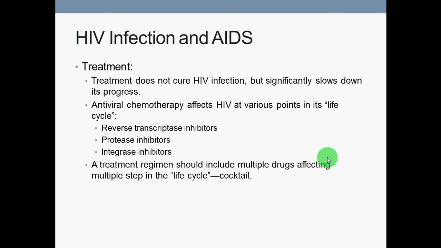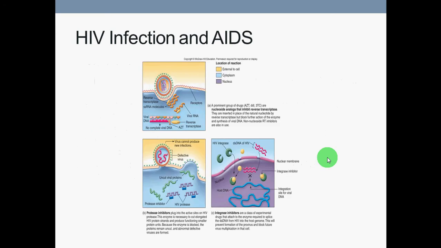But if you hit the virus with a drug from each of those three categories, it's incredibly rare, incredibly hard for that virus to mutate enough and survive long enough in order to become resistant to all three of those drugs. So these are the different parts of the so-called life cycle that the different drugs can interfere with.